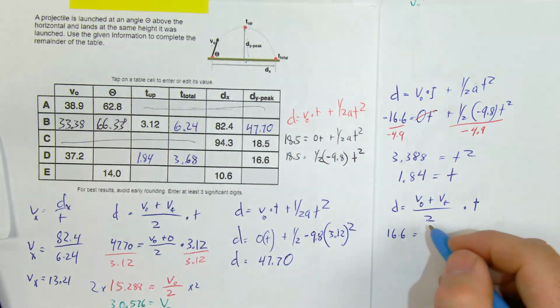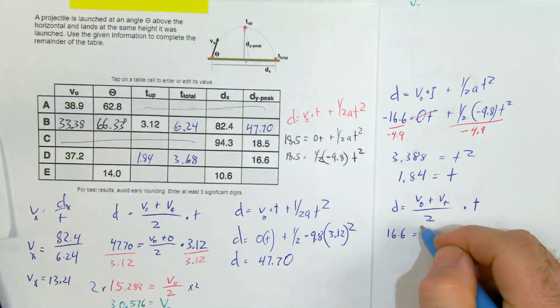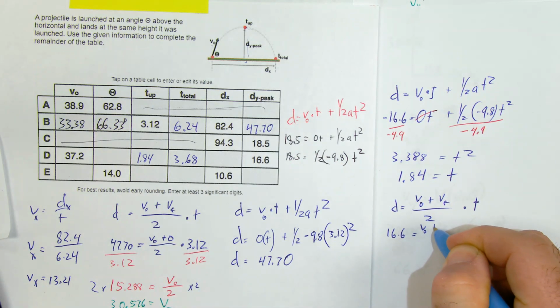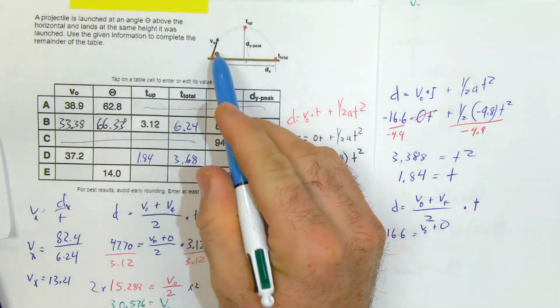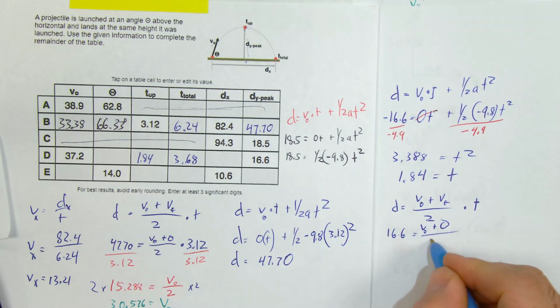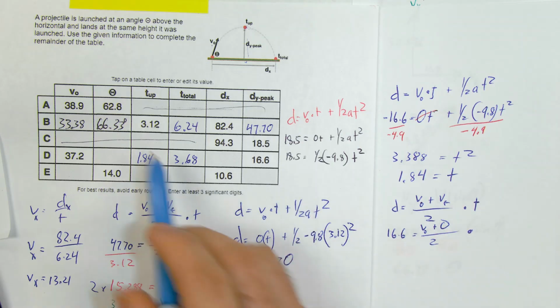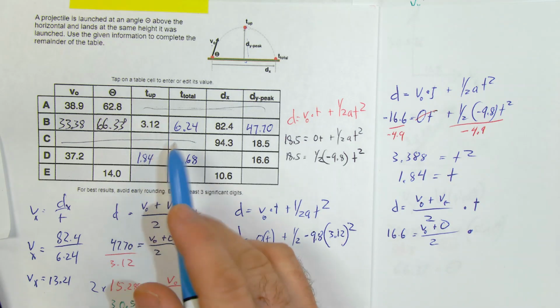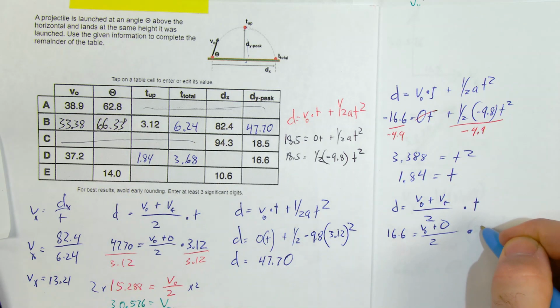We'll call the velocity original unknown plus 0, because we're saying up until it gets to the apex, which the velocity final would be 0, over 2. And then again, we're going to go with just the top time, which is half of total time. And then we're going to solve for our unknown.